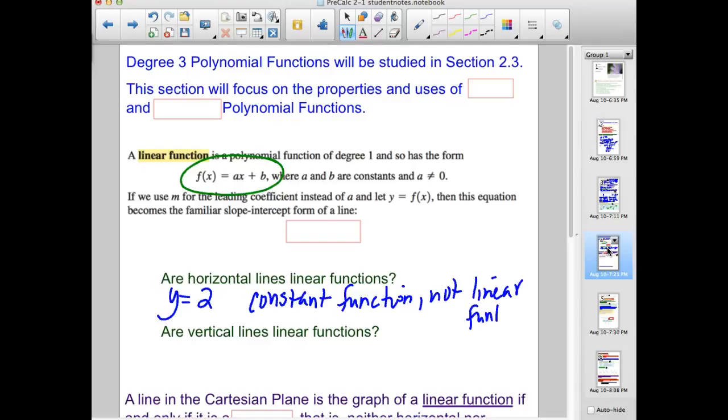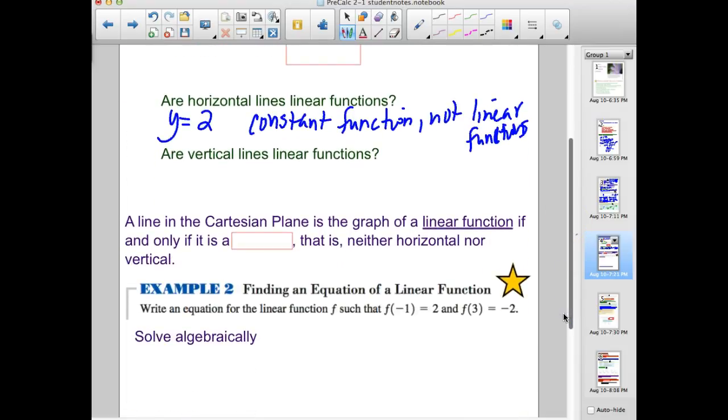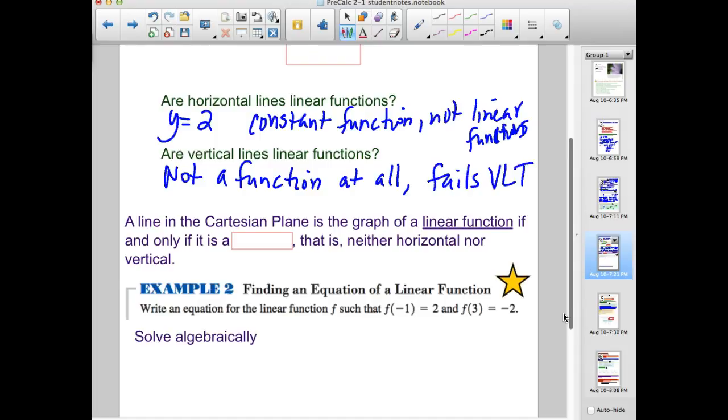Linear functions have degree 1. That does not have degree 1. That has degree 0. Is a vertical line a linear function? Is it a function at all? No. So if we're talking about linear functions, they can't be vertical lines.